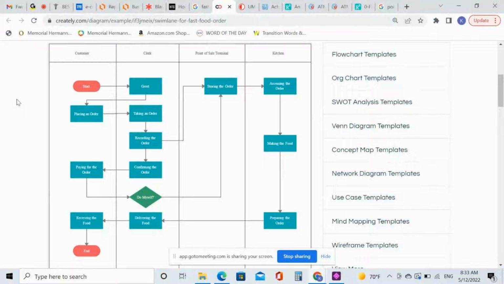After confirming, the customer will pay. After paying, there is also something called do it yourself. Think about it.